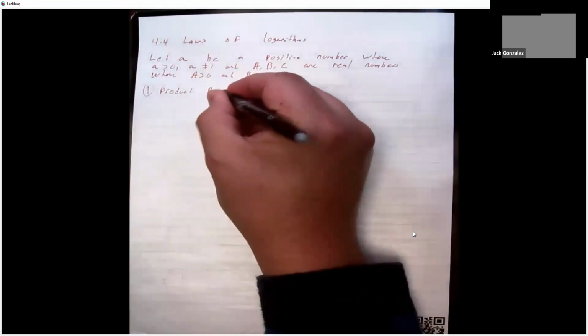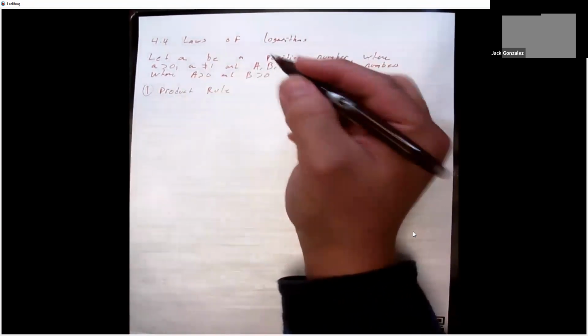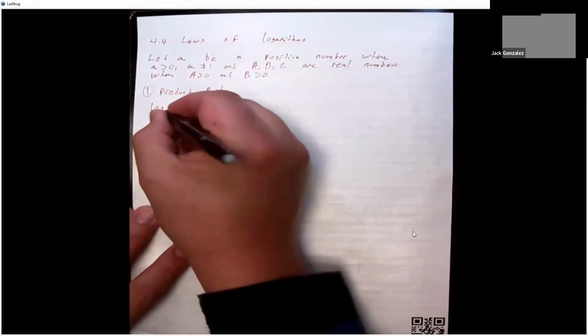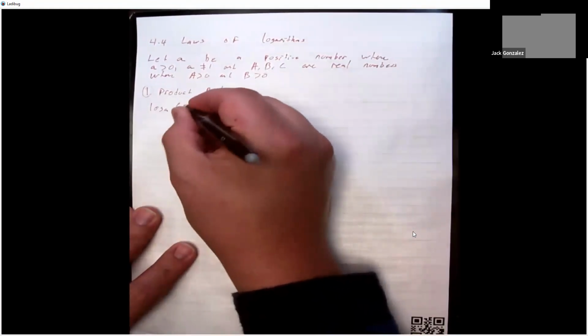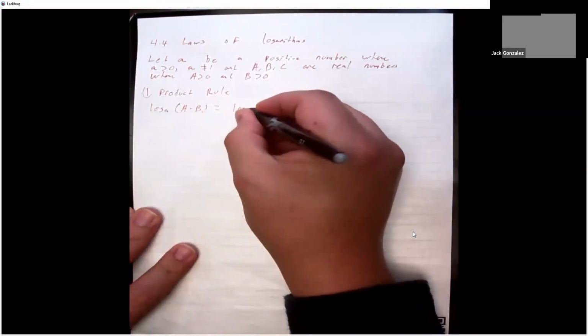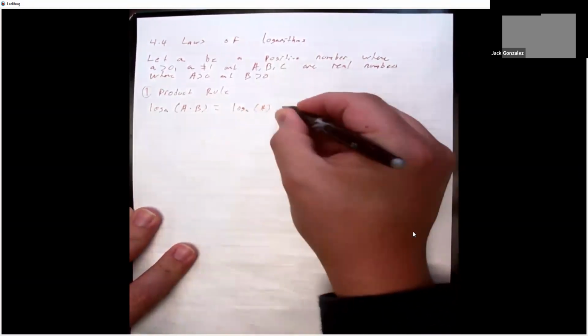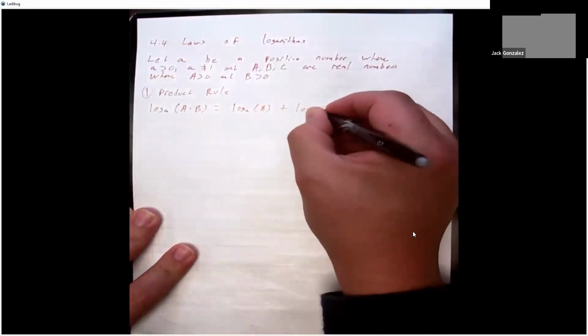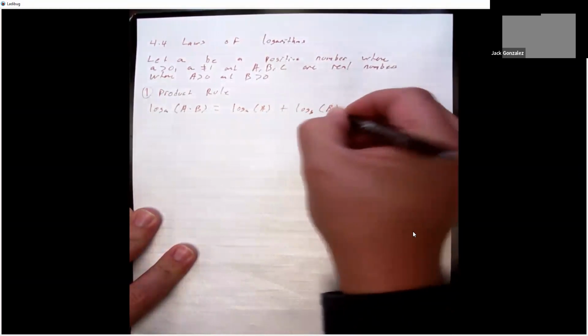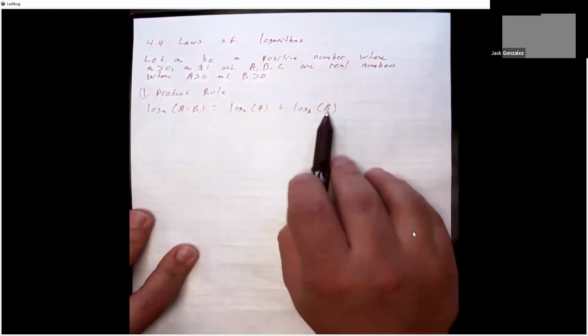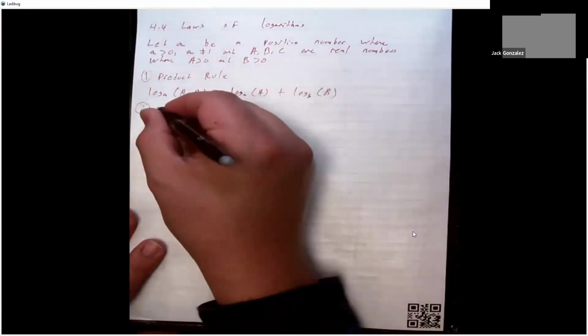So the product rule is rule number 1, or law 1. Log base a of A times B is going to equal a sum of log A and log B. So if you have a product, change it to a sum. If you have a sum, you can go to a product, okay? Number 2, quotient rule.